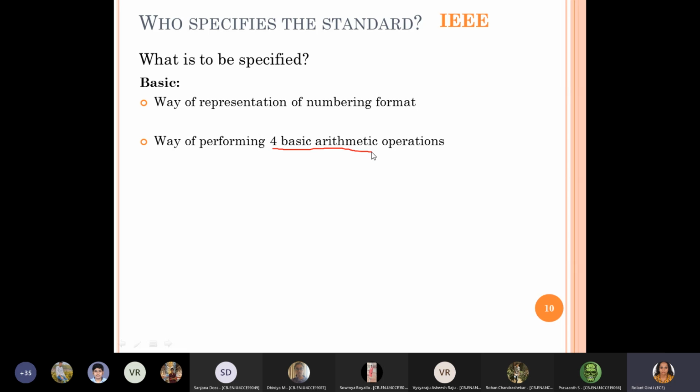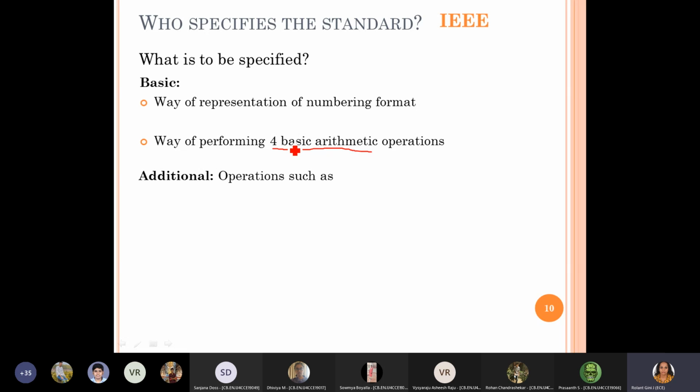When we specify these two things, it qualifies to be used as a system in real time. If it cannot do any one of these functions, then there is no need for that system at all.